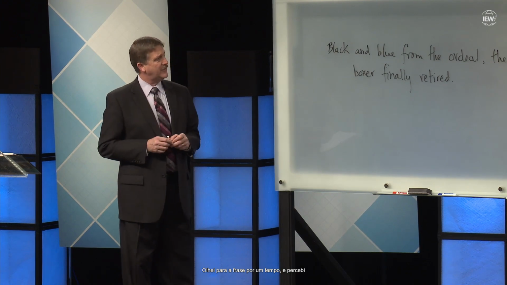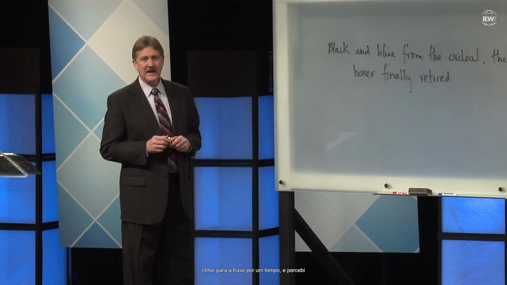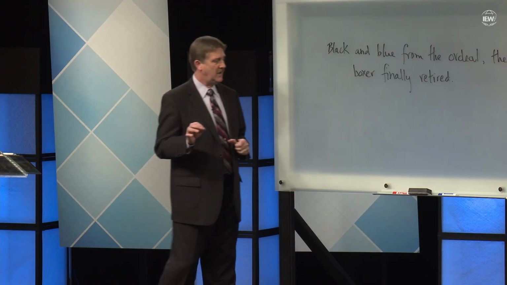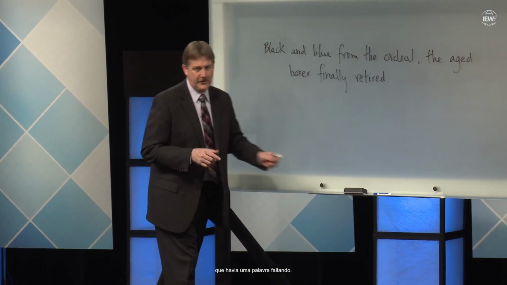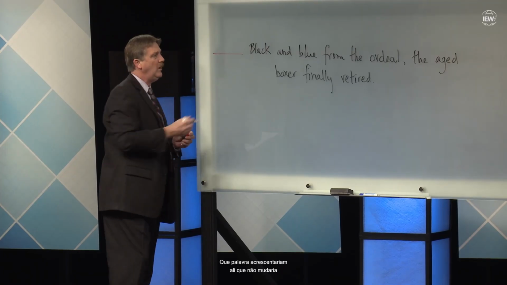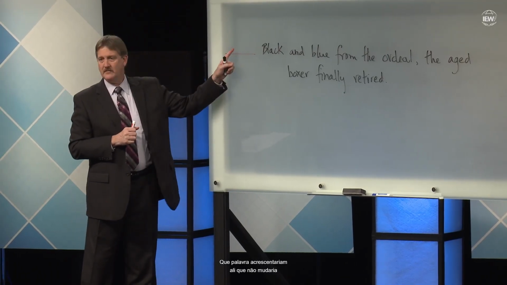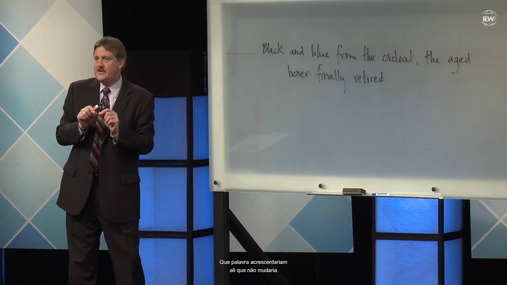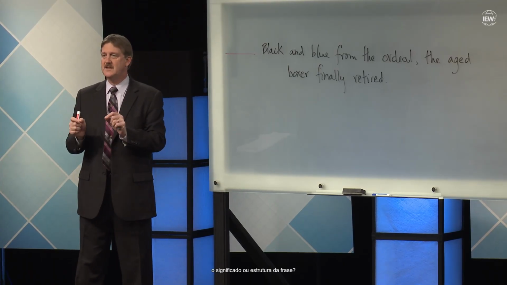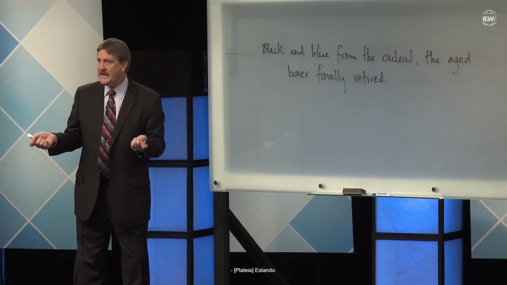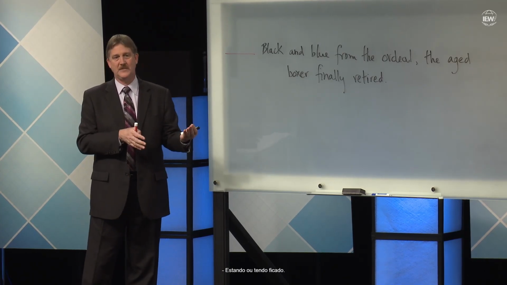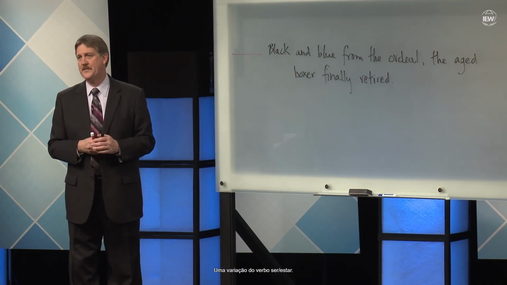So I looked at it for a while, and I came to realize there is a missing word here. What word could you add right there that wouldn't change the meaning or the structure of the sentence at all? Being, or having become, a variant of the be verb.